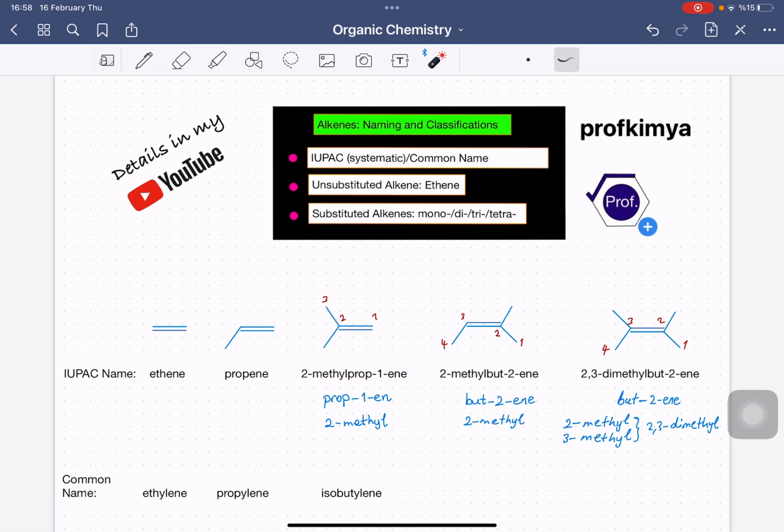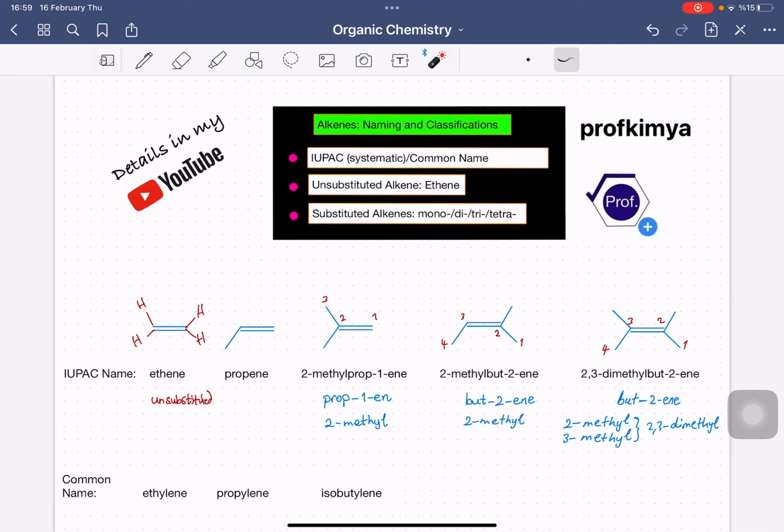Okay, now let's learn how to classify these alkane molecules. We indicated ethane is an unsubstituted alkane. Unsubstituted, because ethane has 4 hydrogen atoms.